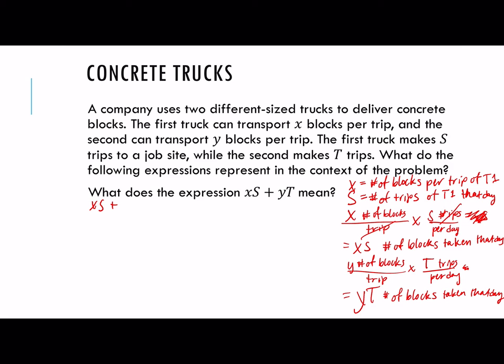So x times s plus y times t is equal to the number of blocks taken by both trucks that day. Okay, so the total number of blocks taken to the job site.